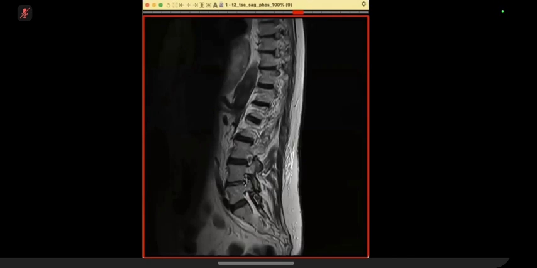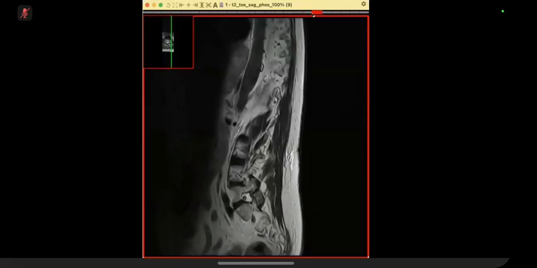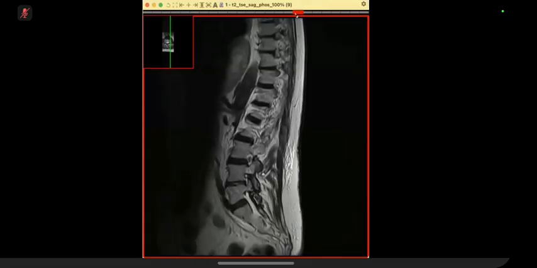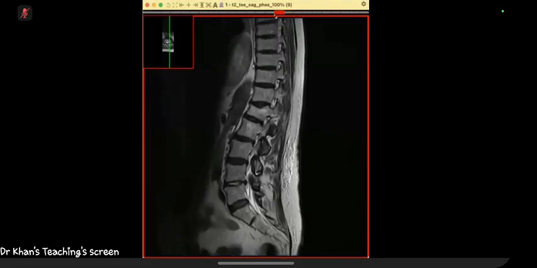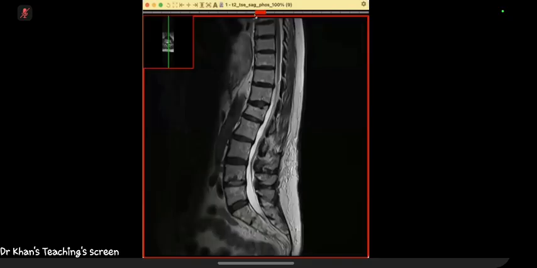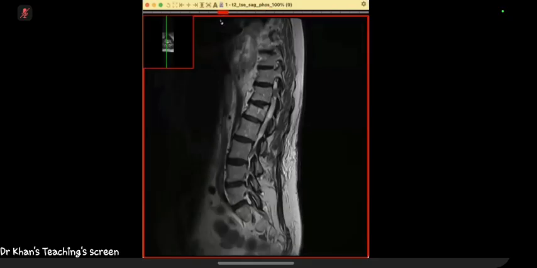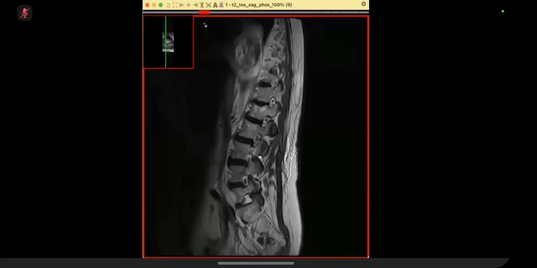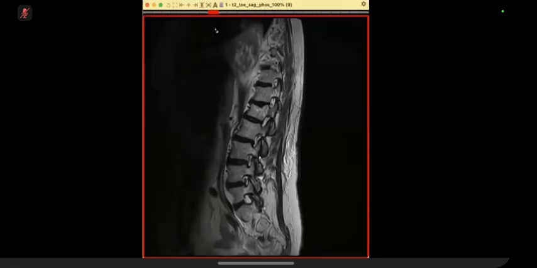I can see this disc is encroaching in the lower aspect of the neural exit foramen in the left side. I am checking other neural exit foramen, which looks normal. Now I am moving to the right side. I can see the right side, only the disc space is just abutting the inferior aspect of the exiting nerve and the neural exit foramen.